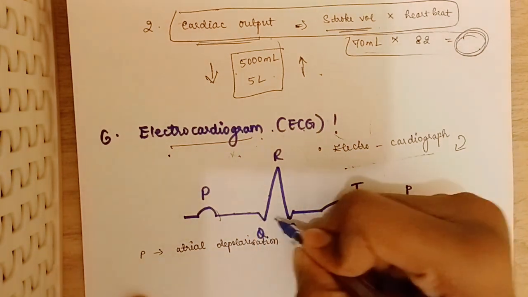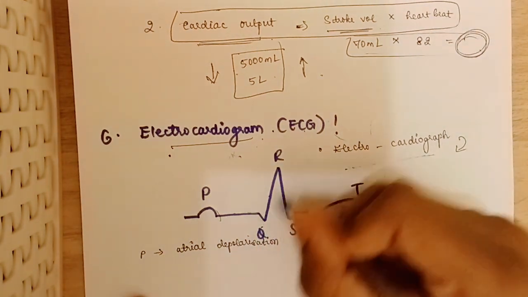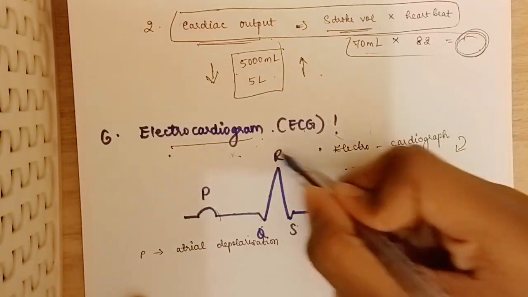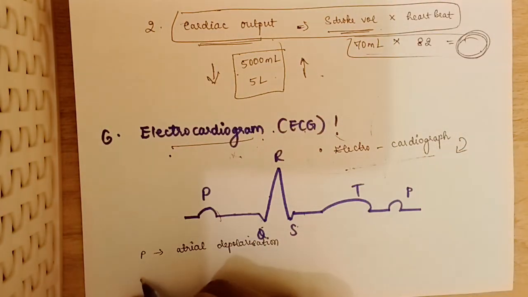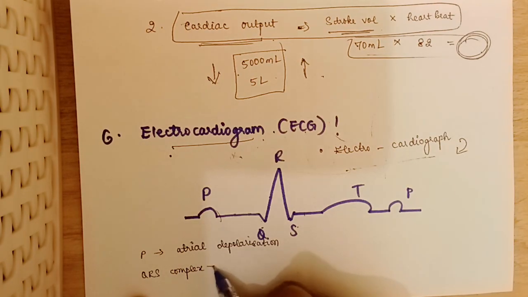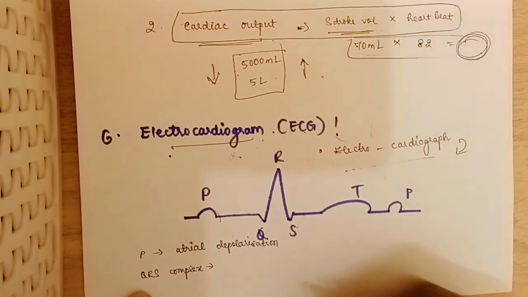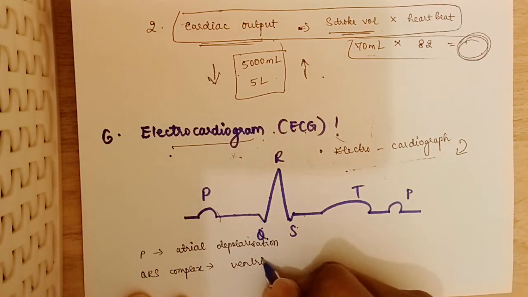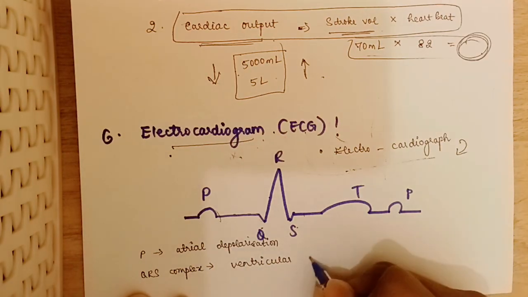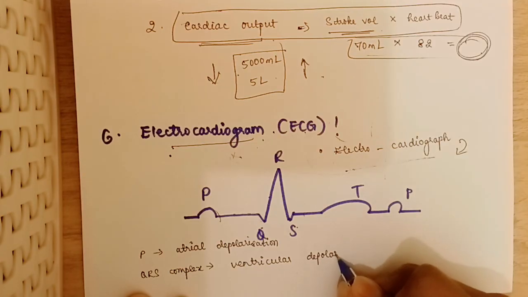Now QRS, we don't take Q, R and S separately. We call this the QRS complex. So the QRS complex gives us the ventricular depolarization.